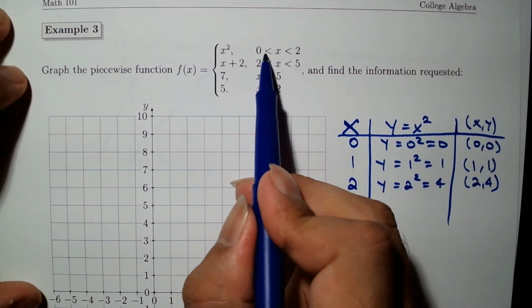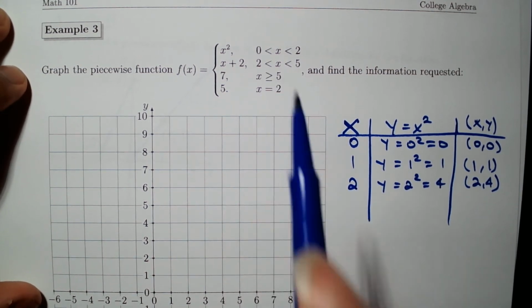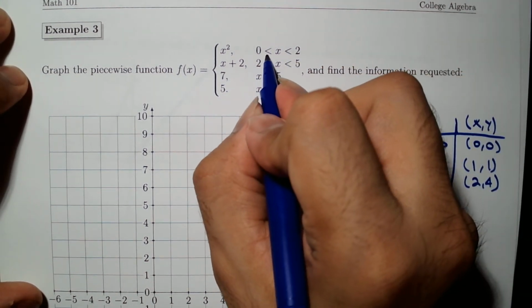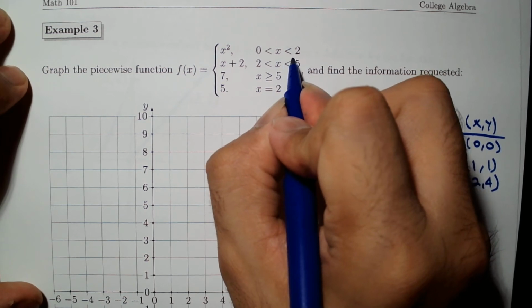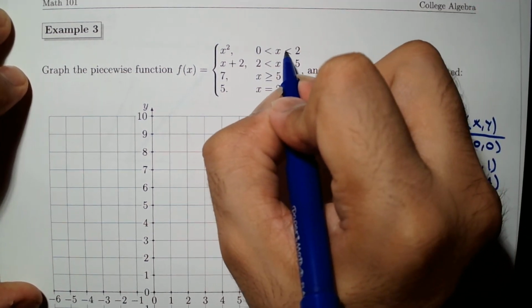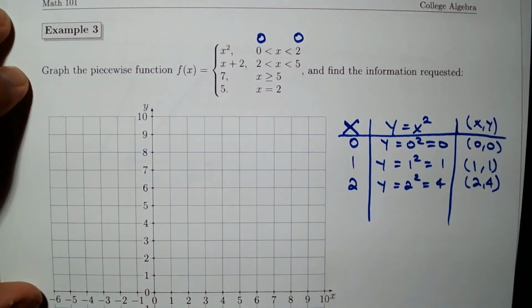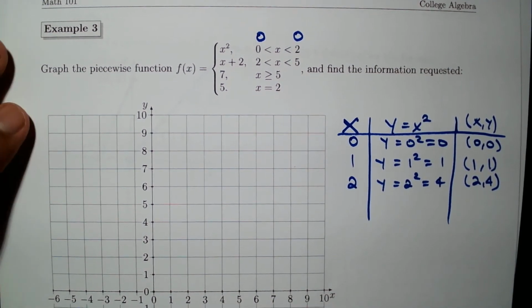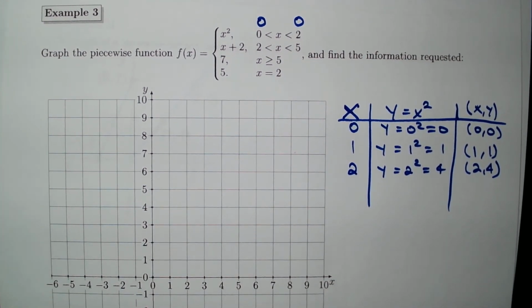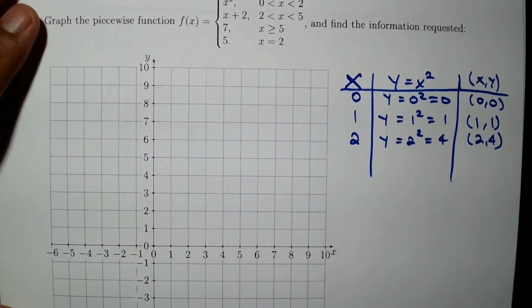Now, let's observe the endpoints of the restriction. There's no equal sign here. Only less than. That means open bubble and open bubble. So let's graph this one.